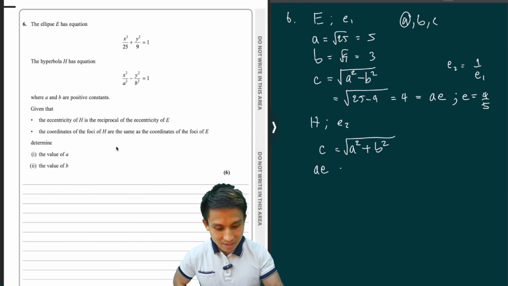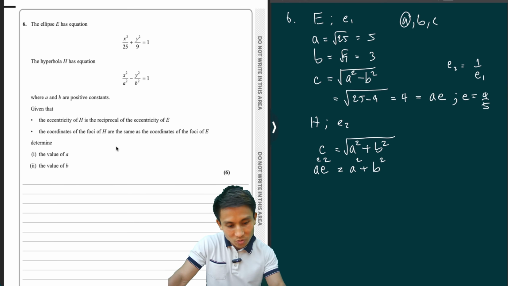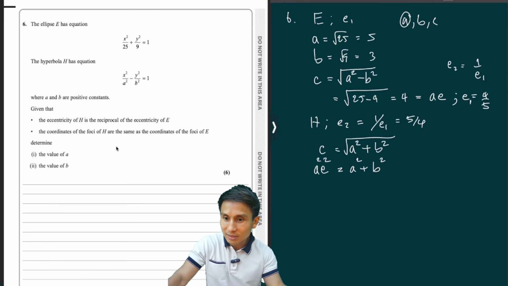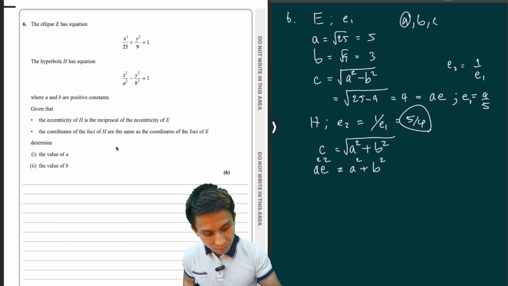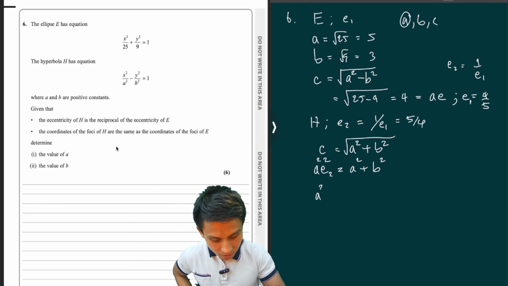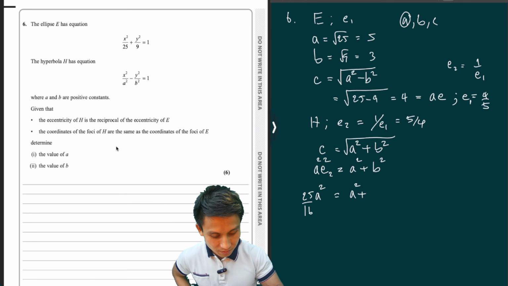And ae here, I'm just going to do a squared e squared equals a squared plus b squared for the hyperbola. Because you already know E2 is just going to be 1 over E1, which is 5 over 4, we put 5 over 4 into the E2. So it's a squared times 5 over 4 squared, which is 25 over 16, equals a squared plus b squared.